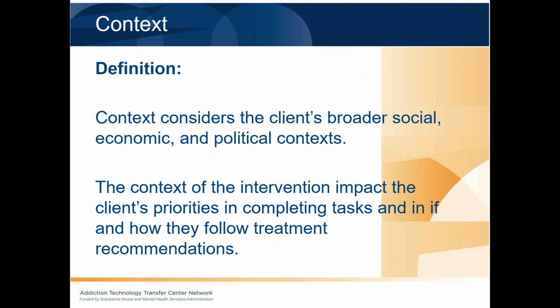And so lastly, this context considers the client's broader social, economic, and political context, and the context of the intervention impact the client's priorities. And so this is really, once we have, okay, here's what we need to do, the last question we have to ask, or maybe the first one, is what are the client's priorities in completing these tasks?